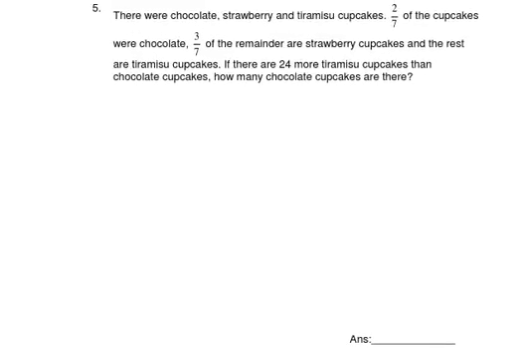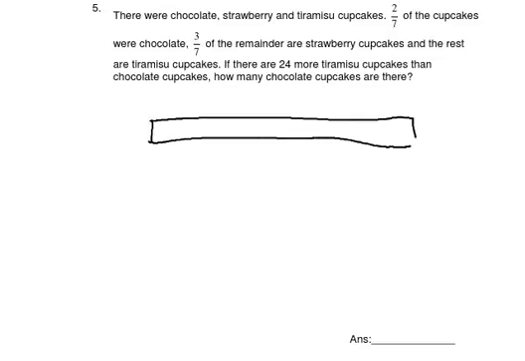Okay, question 5. There were 3 different types of cupcakes. 2/7 of the cupcakes were chocolate. 3/7 of the remainder. Okay, so before I start, let's draw a simple model to represent the total number of cupcakes.